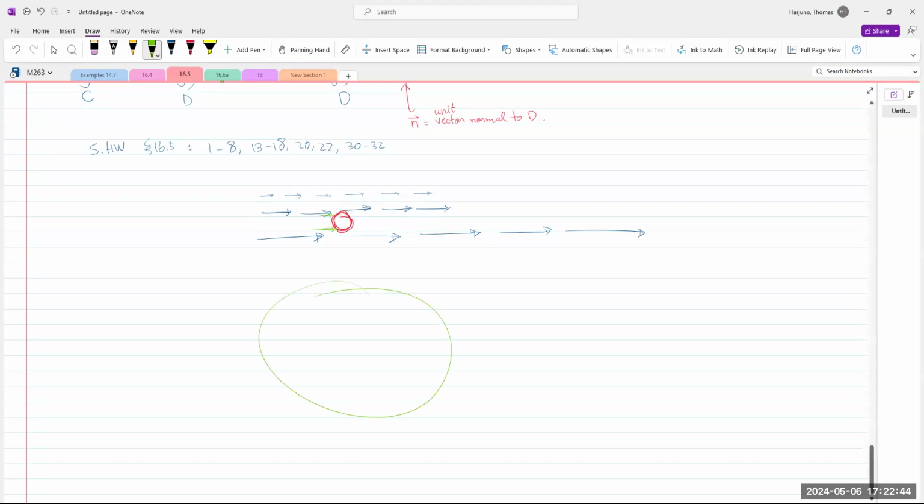So if you push this side here stronger than this side, automatically the sphere will rotate this way. On the other hand, if the top one is stronger than the bottom one, then of course the ball will spin this way.